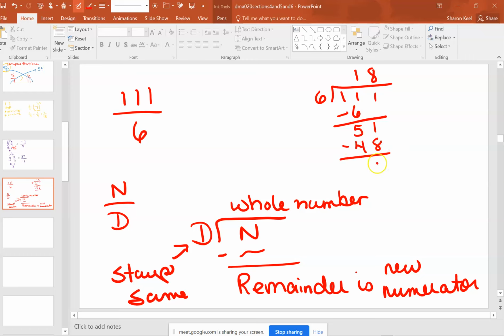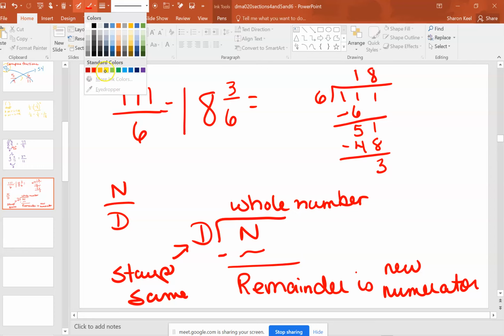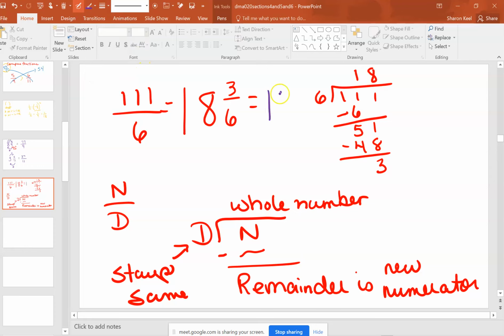Subtract. Have a remainder of 3. So what we would have here would be 18 and 3/6. It's still not completely simplified. We would want to reduce that fraction, and 3/6 would reduce to 1/2, giving us 18 and 1/2. Okay?